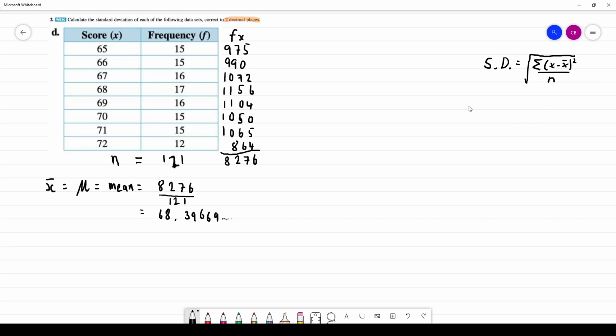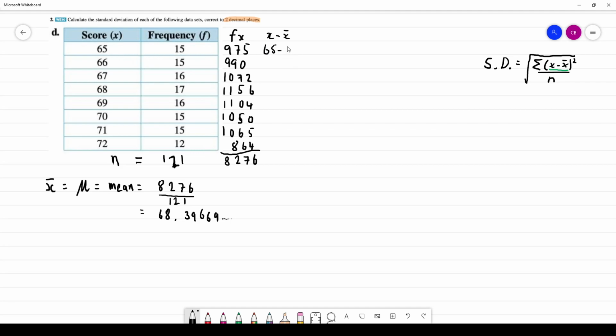So the next bit that we want to do is just work out, actually, what color should I use? Green. I just want to work out this x minus x bar, or x minus the mean part. So I'll just make another column to add onto my table, x minus x bar. And that is exactly what it is for the first row. So x is 65.